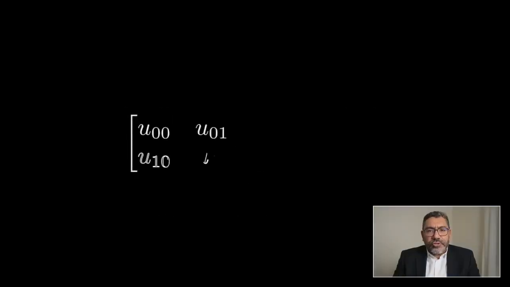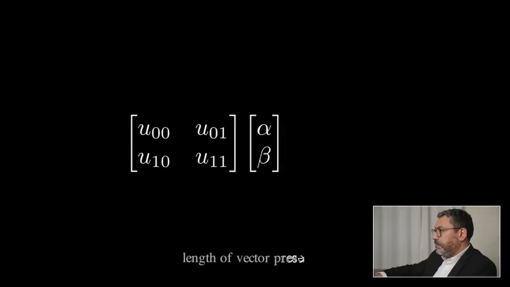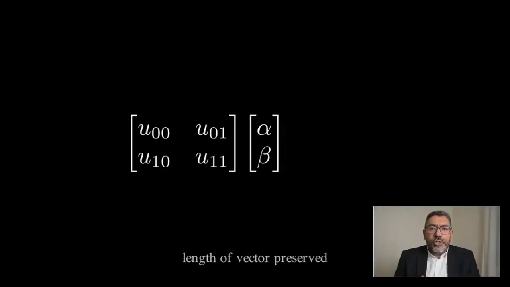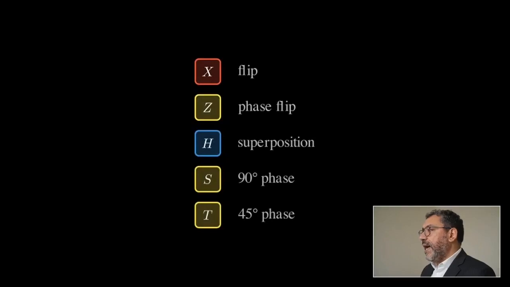Many qubits are described using tensor products and many amplitudes. Gates are matrices. They transform state vectors while preserving total probability. X flips, Z changes phase, H creates superposition, S and T add controlled phase rotations.